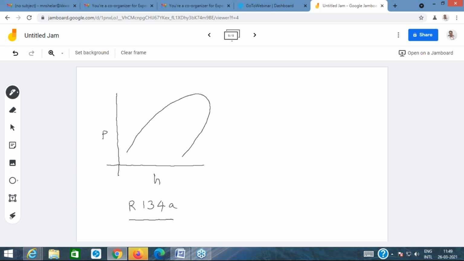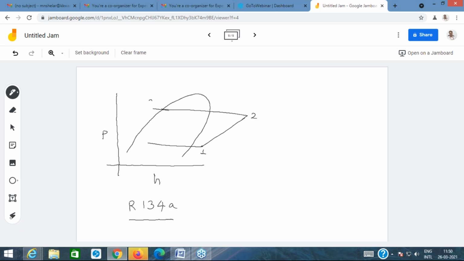For plotting the actual points, you need to note down the temperature readings at the states 1, 2, 3, and 4. Okay. So let me draw the pressure enthalpy diagram for this. 1 is the suction to the compressor. 2 is the discharge from the compressor. Then you would have slight subcooling.